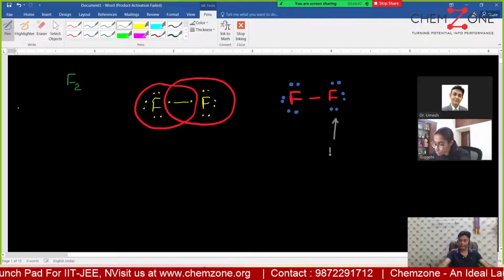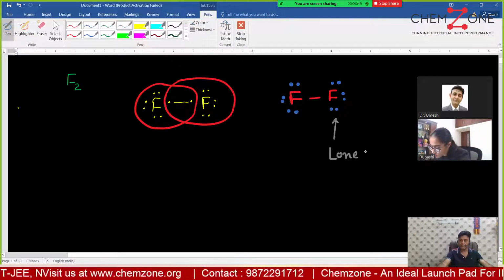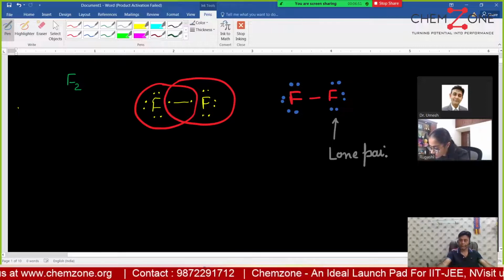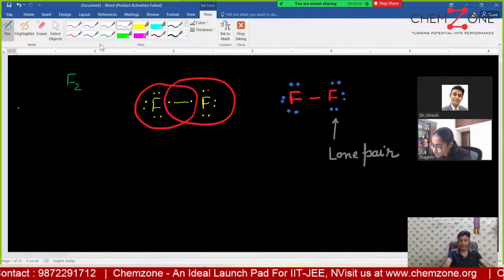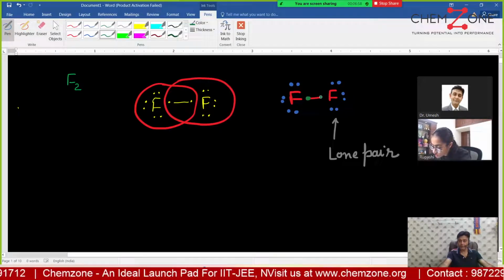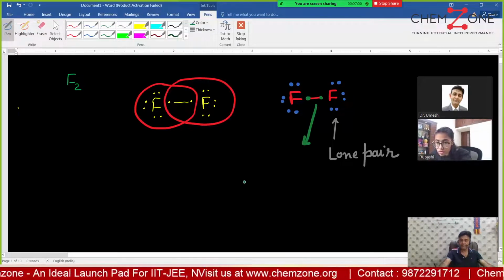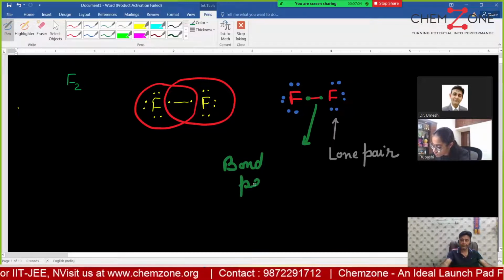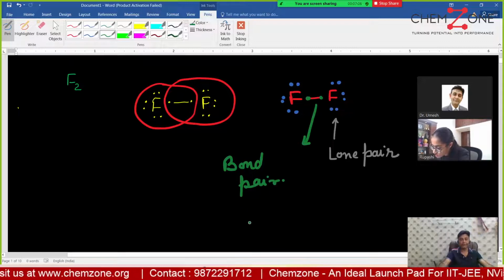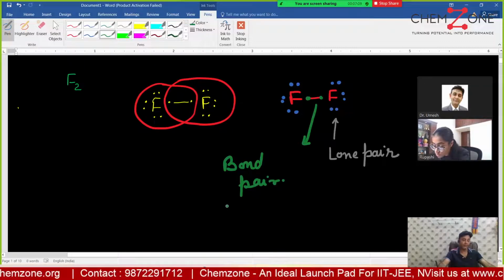This is called a lone pair of electrons. And the pair of electrons that is involved in bonding is called a bond pair of electrons. So in every molecule, there may be some bond pairs and some lone pairs of electrons.